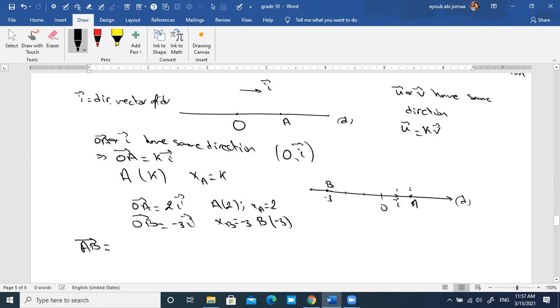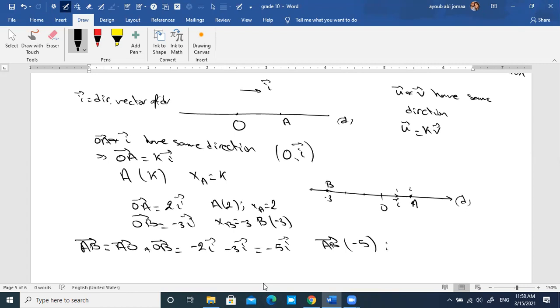If you insert point O here, then you are going to write AO plus OB, which is equal to AO, negative 2I, and OB, negative 3I, which is equal to negative 5I. So the component of vector AB is negative 5, or the abscissa of vector AB is negative 5.